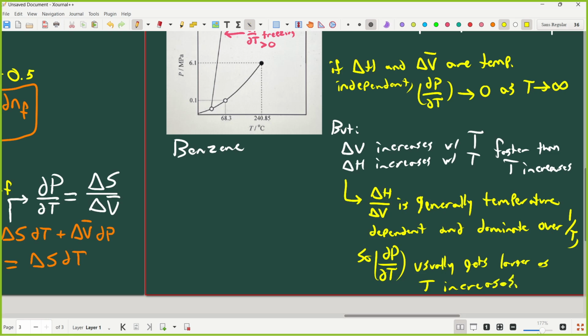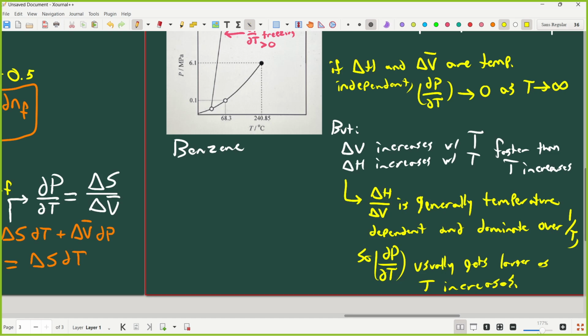All right, so what's actually happening? Delta H changes a little bit. What's actually happening is that the liquid water, as you heat it up, is getting less dense. And as you heat up the gas, it turns out it starts to get more dense as you go to higher temperature. The pressure starts to increase.